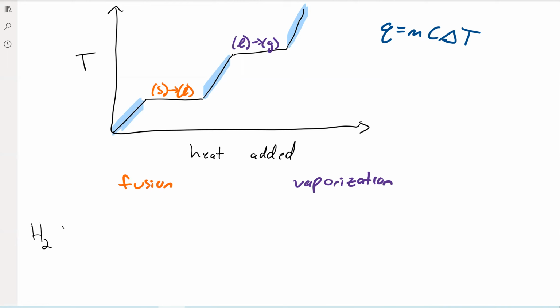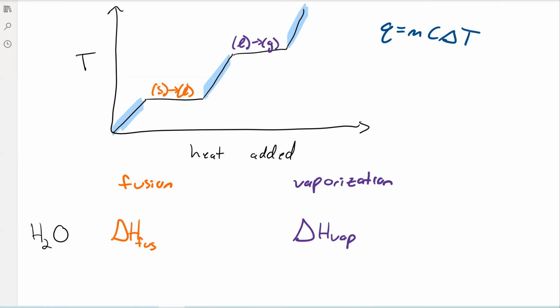So of course, we're going to take a look at water because that's the most common thing on Earth. And so, in order, some data for the fusion and the vaporization: how much energy does it take to either melt or boil something? For the melting, we have the delta H of fusion. And then for the boiling, we have the delta H of vaporization.